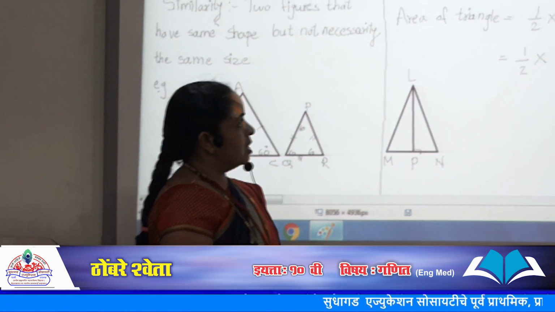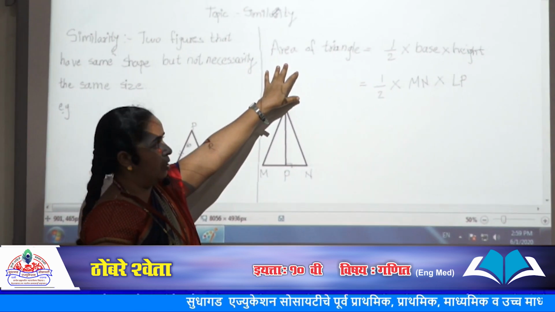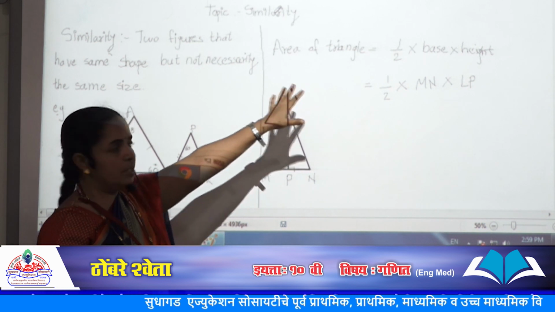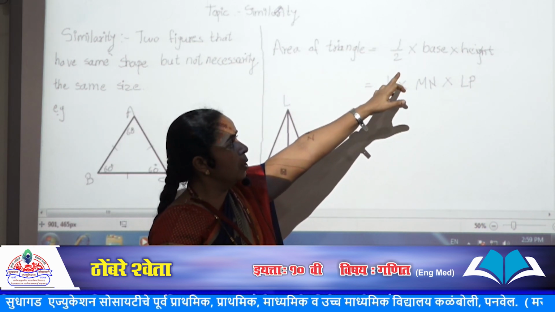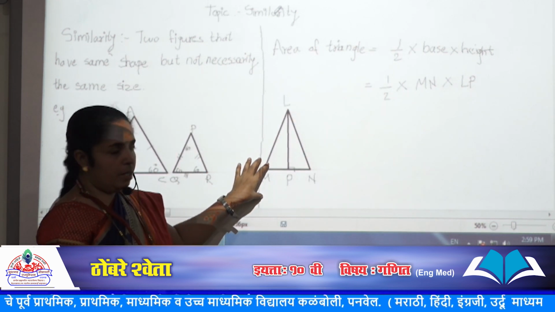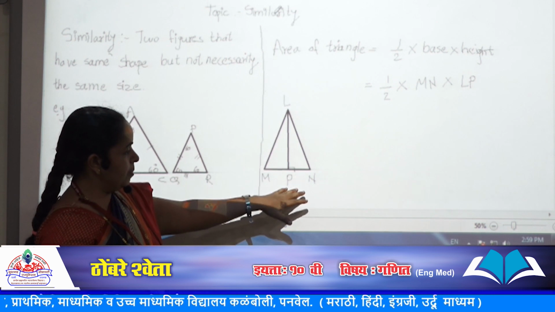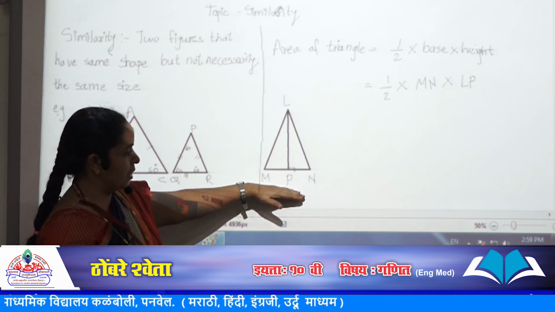Similarly, in the last year we have studied the formula to find the area of a triangle. What is the formula to find the area of a triangle? Area of triangle is equal to 1/2 into base into height. Suppose I have drawn triangle LMN. Here MN is called the base of this triangle.